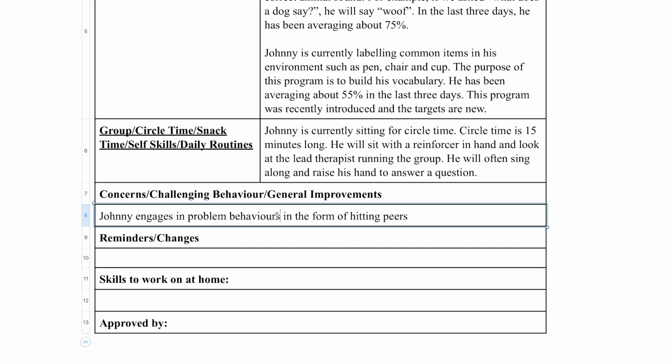We might even specify that it's actually aggression and not just problem behavior. Now, again, that depends on how your supervisor labels it, but because it's hitting peers, we would be really looking at aggression here. So Johnny engages in aggression in the form of hitting peers.